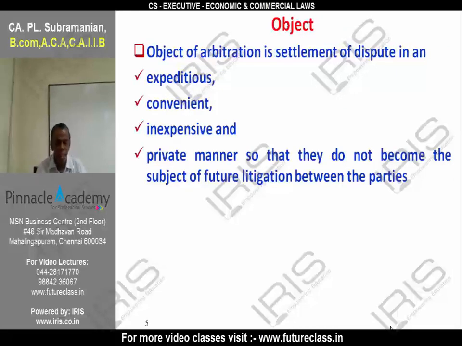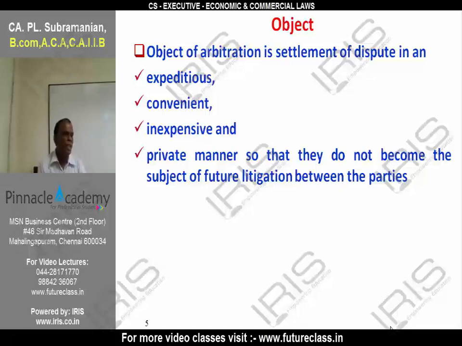The object of arbitration is settlement of disputes in an expeditious manner. What is expeditious? Speedy, very quickly. But as I told you in the Consumer Protection Act, if you go to the court, it takes a lot of time. So arbitration is expeditious and convenient. Why is it convenient? It is decided by the arbitrator after listening to both the parties and going through the documents.